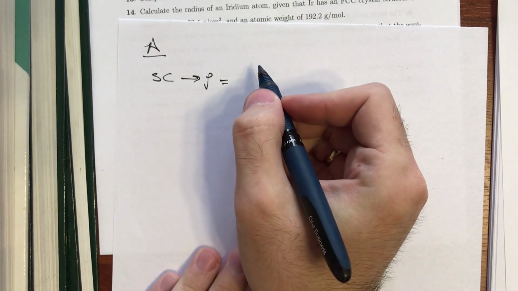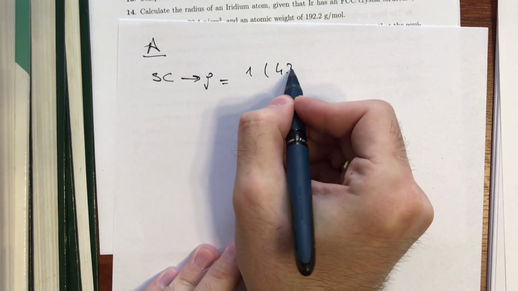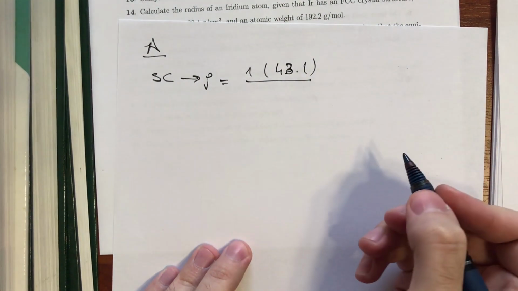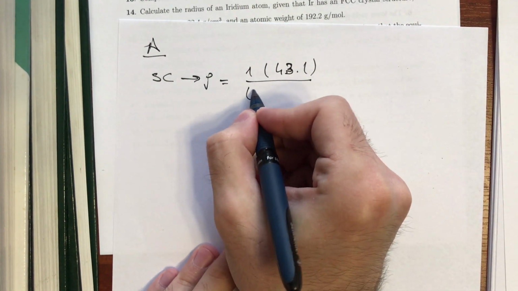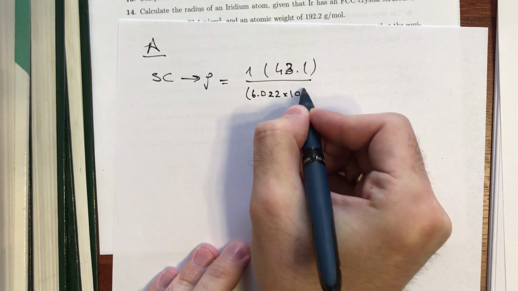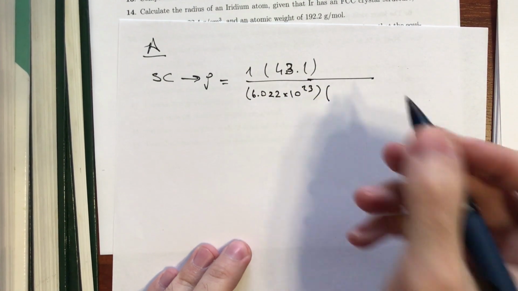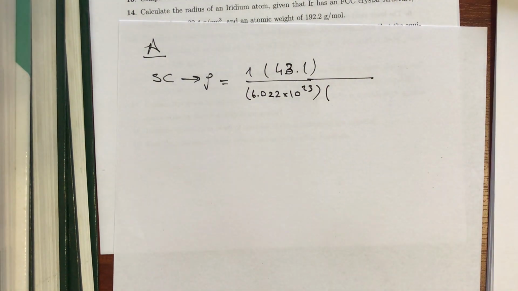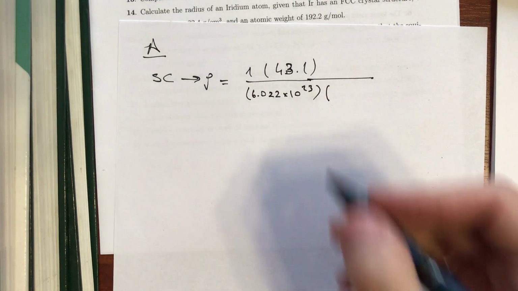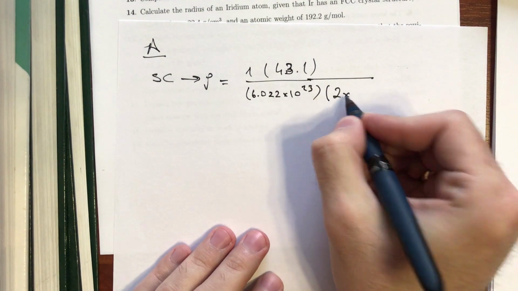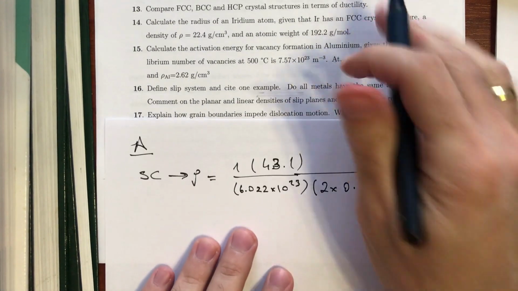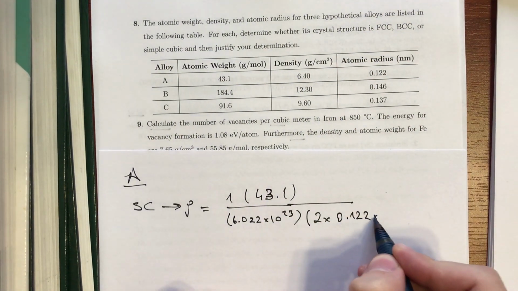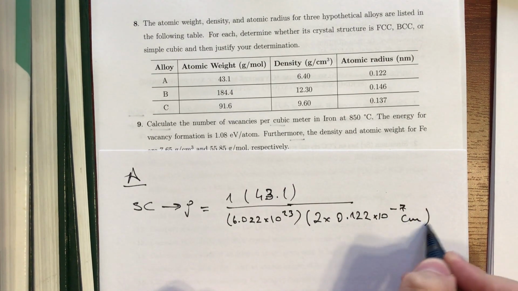Rho is going to be equal to 1 times the atomic weight, 43.1, divided by Avogadro's number times the volume of the unit cell, which is a cubed. Now for simple cubic, a is going to be 2R, so 2 times the atomic radius, which is given in the problem here. Convert it to centimeters, take the cube.